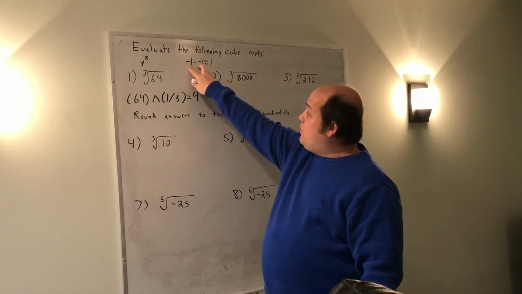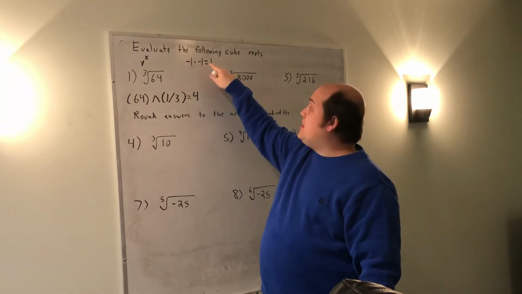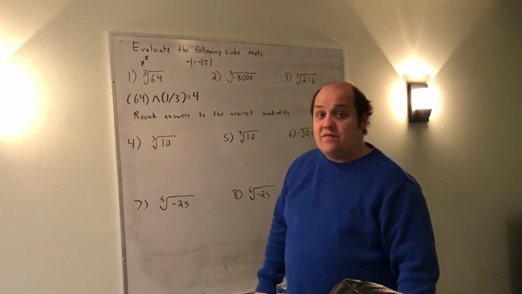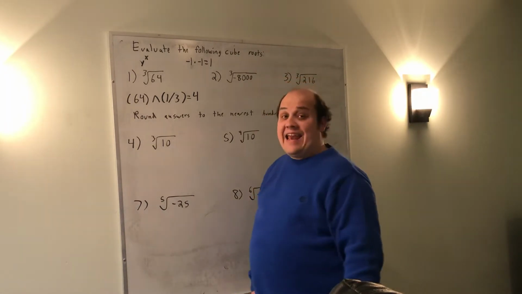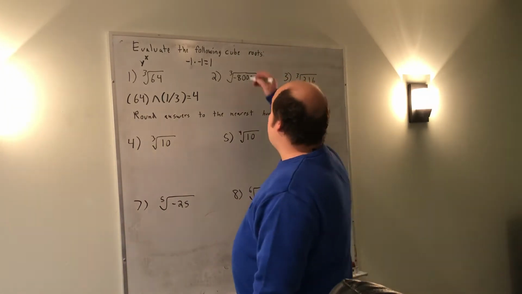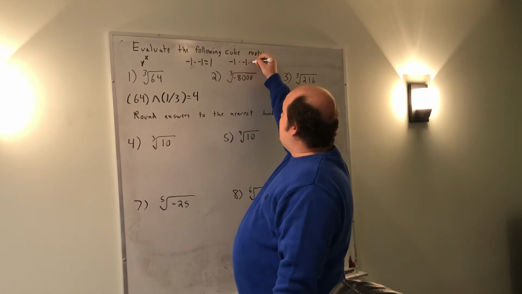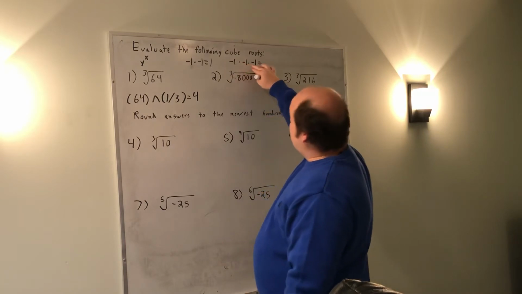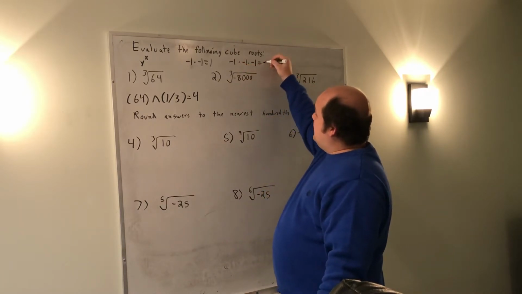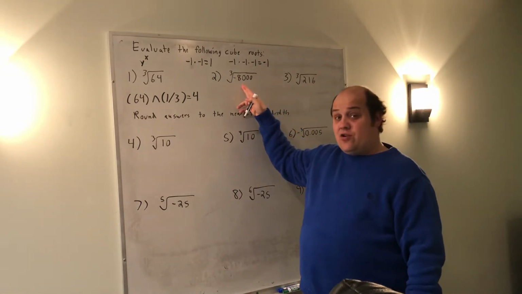Whether it was -1 times itself, which would give me a +1, or +1 times itself, it would also give me a +1. There's no way that I could have multiplied something by itself to get a -1. As opposed to if I think about 3 of them coming together: -1 times -1 times -1. This would give me +1 times another -1 gives me -1.